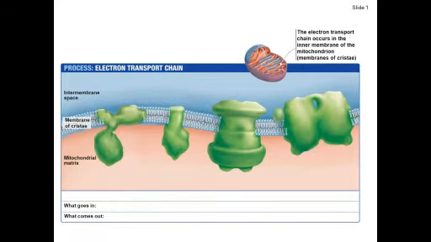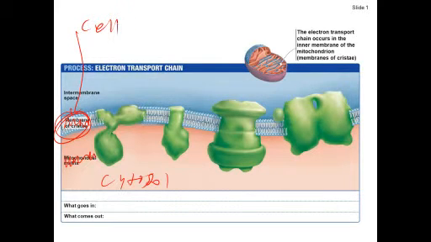So here, scratch out mitochondrial matrix, membrane cristae. You do have an intermembrane space, but this is going to be your cytosol, your bacterial cell, and this is going to be your cell membrane.